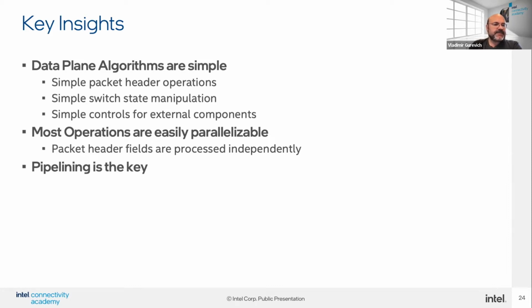These headers have many fields, and usually these fields are processed fairly independently. Last thing, and that is really not our observation, that's how these systems have been built for a long time, even in the fixed function world, is that really they are built around long pipelines.